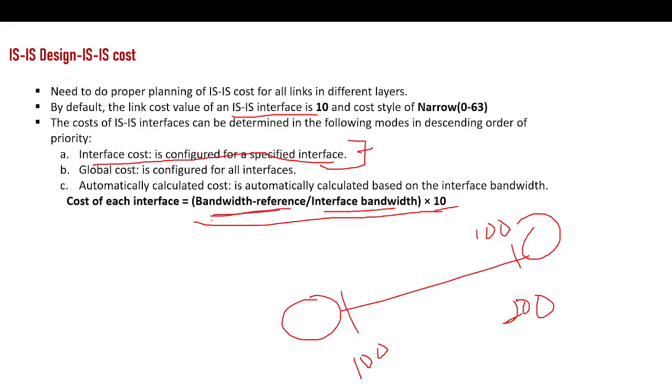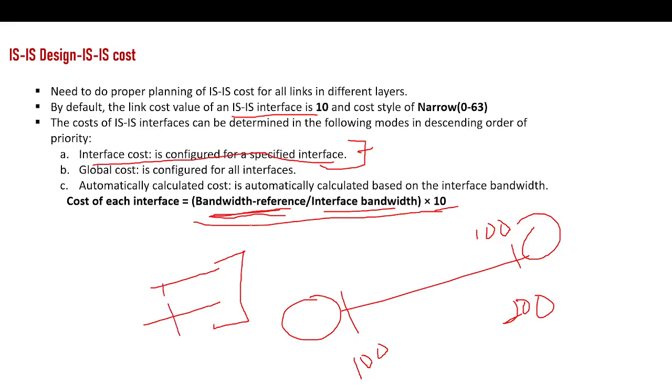But when you are doing this bandwidth reference, of course, you need to factor in the capacities in your network. For example, if you have 10G, 100G, 200G links, you also have to factor in the link capacities on your network so that when the route selection is happening, we will select the best one. Not like you have a 1G and a 10G, and given that they have similar cost based on what value you've configured on your bandwidth reference, we end up having traffic using the 1G link instead of the 10G link.